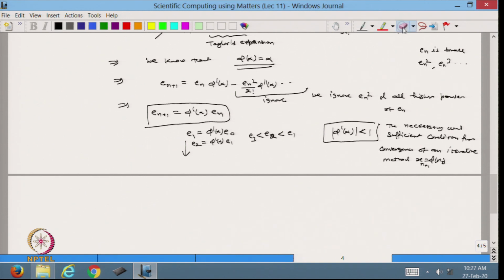So, that is my iterative method x n plus 1 is equal to phi of x n. That is the sufficient and necessary condition.